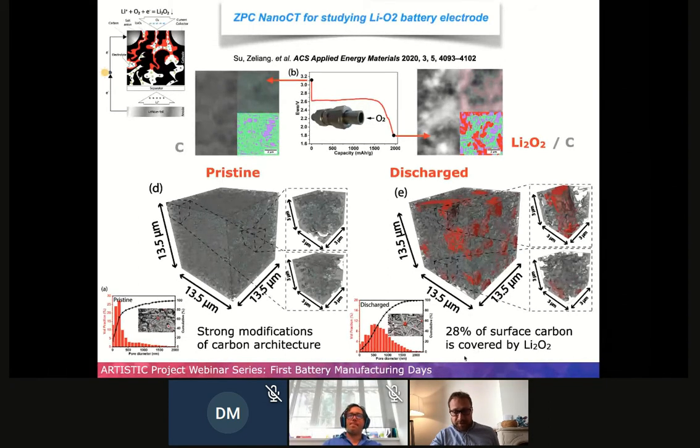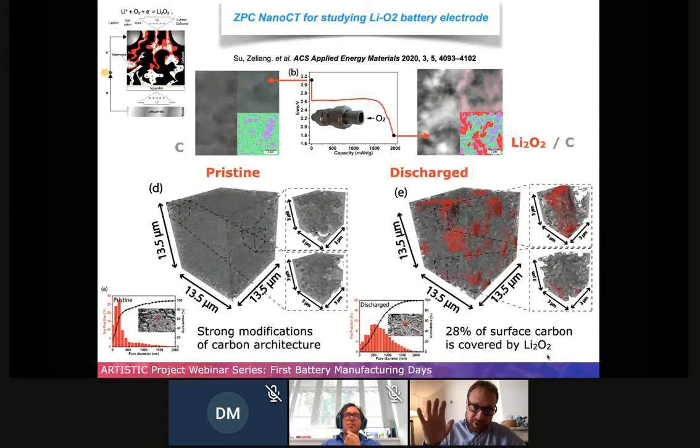A third of the surface carbon is covered by Li2O2, which means there is a certain part of the carbon which is not used for the electrochemical reaction. So maybe due to no accessibility to the electrolyte, or some non-open pores as well.